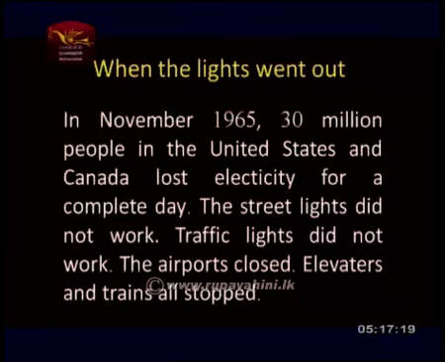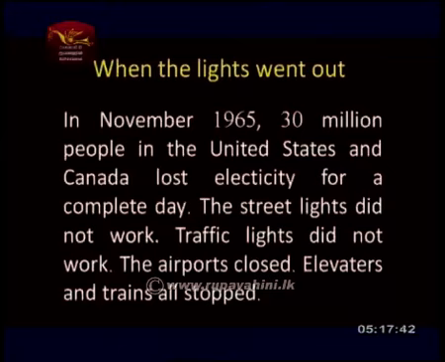Now let us look at the first part. Mrs. Kaluaj, now we can find some past tense verbs here. Shall we try to find them out first before we move on to the next part? Yes. Now here United States and Canada lost electricity. So lost is a past tense word. Then the next one, the street lights did not work.